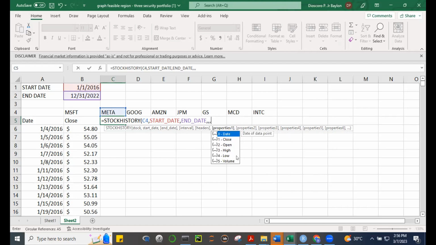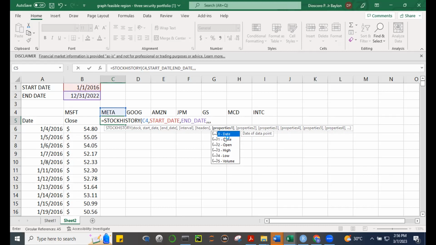Okay, the data given here are only five: date, close, open, high, low, volume. There's no adjusted price. It would have been good if there was an adjusted price, but let's just use the closing price.